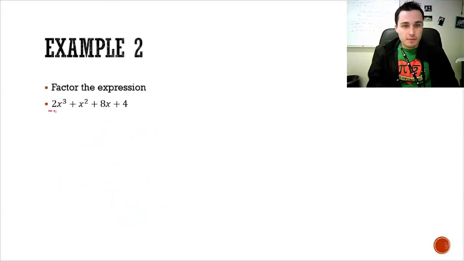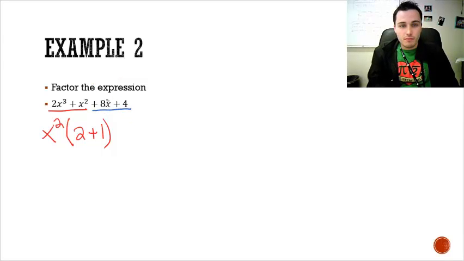Alright, so now this first one here, I see that x squared is still the thing they have in common, and pulling out an x squared would leave me with a 2x plus 1. On the right hand side, they're both divisible by 4, so if I pull out the 4, then 8x divided by 4 is 2x.